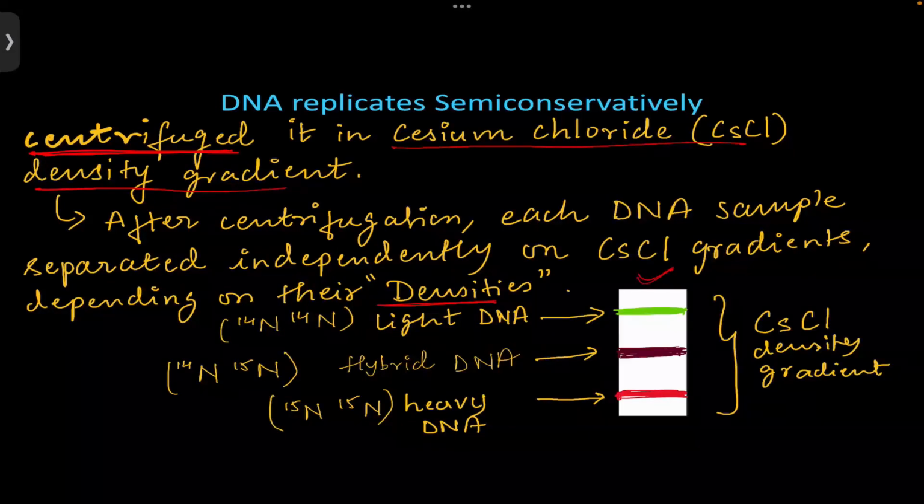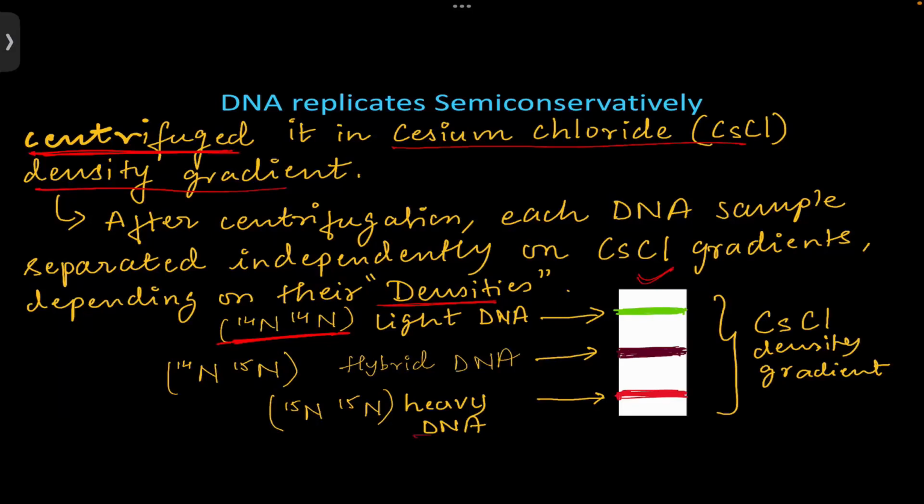If this is a tube, and this white color is the cesium chloride solution, then the light DNA, which contains only the normal N14 isotope, will form a band at the top, because it is light and not very dense; it has low density.